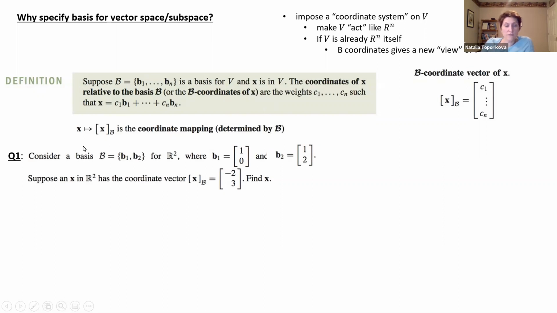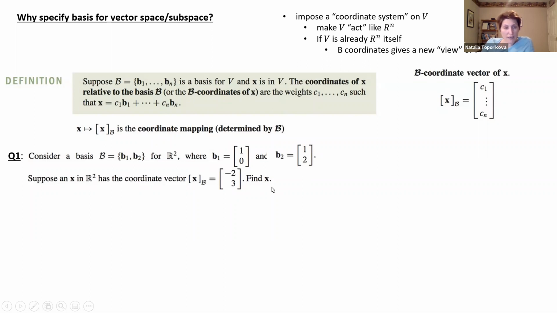Let's consider a very simple two-dimensional vector space with a basis B1 and B2. Our B1 is the vector (1, 0), and our vector B2 is (1, 2). Pretty straightforward example. So now we have a B-coordinate vector in this space, which has coordinates (-2, 3).